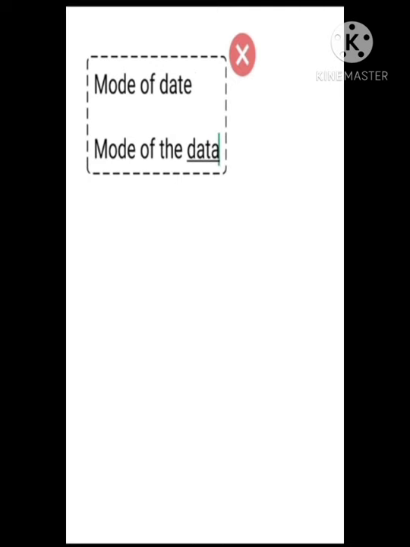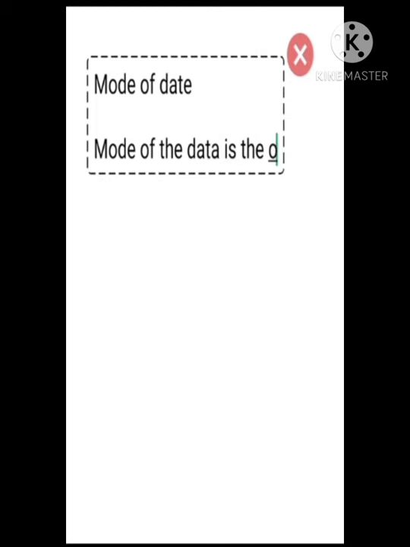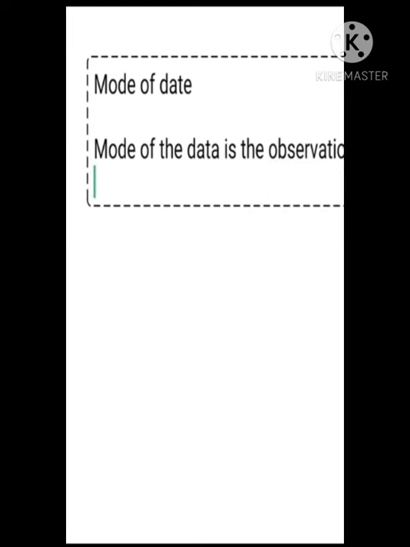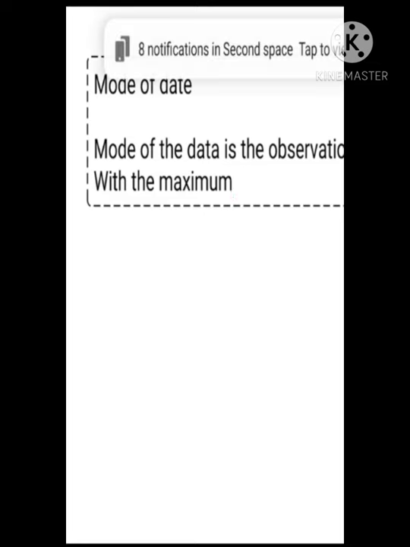Mode of the data is the observation with the maximum frequency in the given data. So the mode of the data is the observation with the maximum frequency.